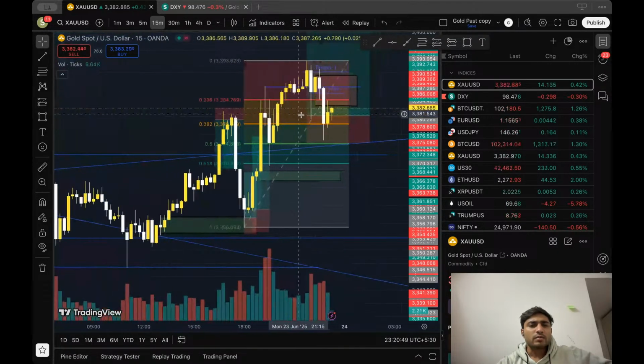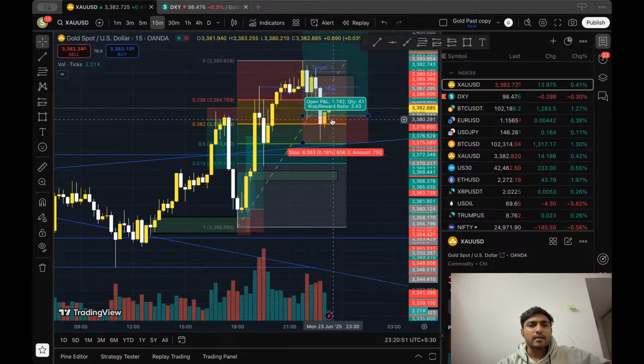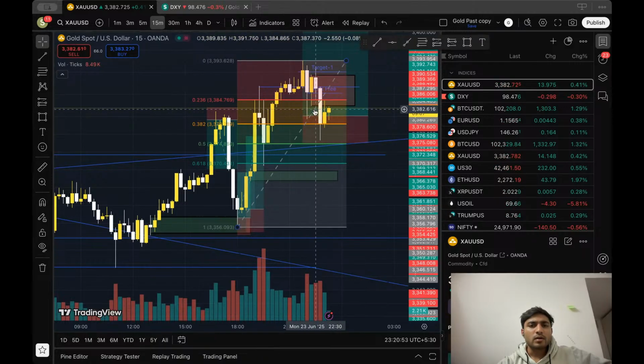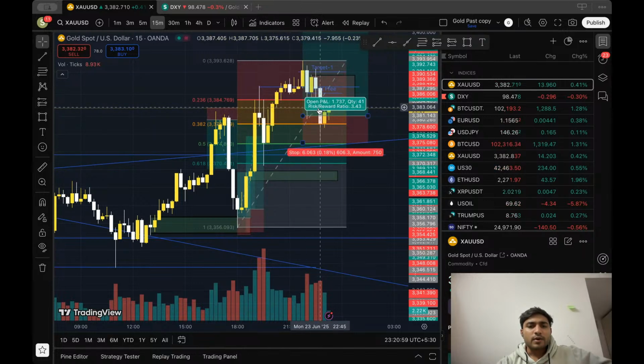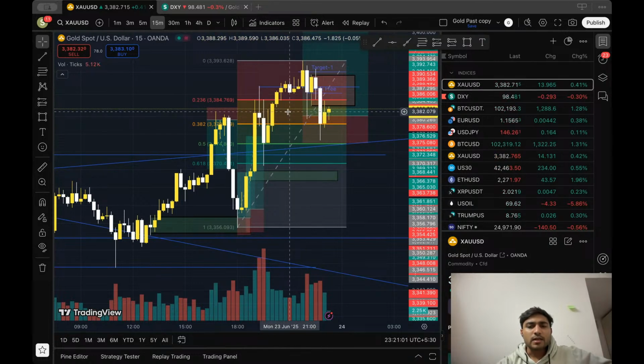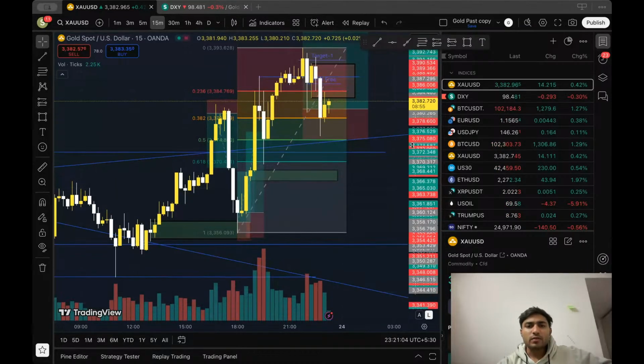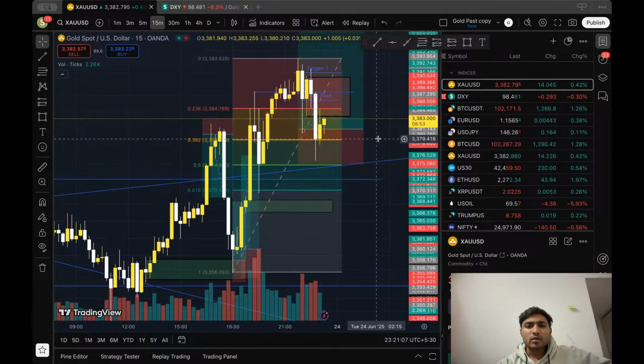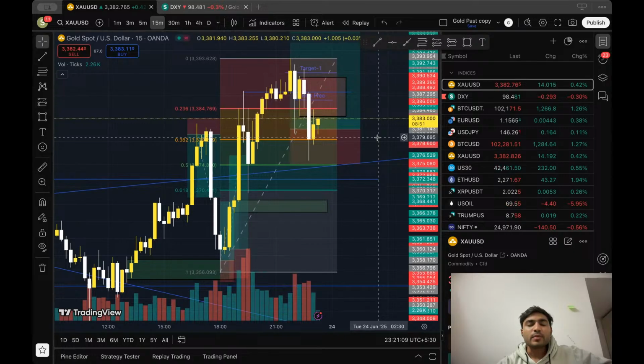So we need to form a red candle, as I told you, or a candle which is so bullish that it should close above this level. For the moment, it's already 11:20, so I would recommend you not to hold this trade, in my right mind.